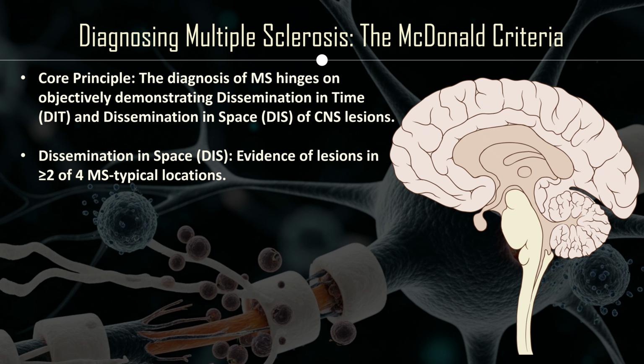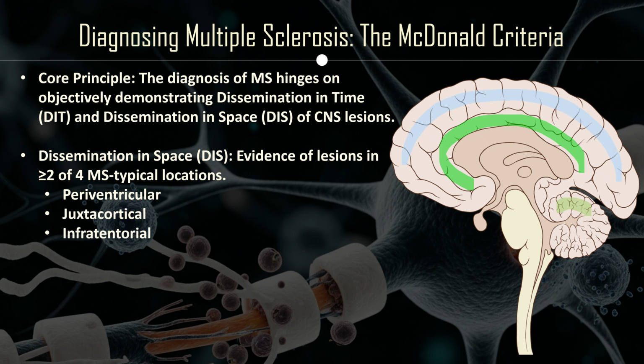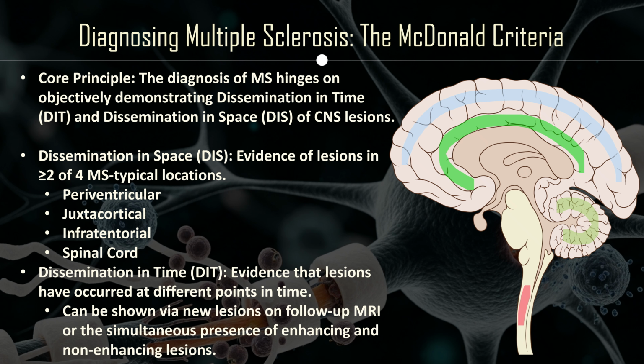This is typically shown by evidence of lesions in at least 2 of 4 MS-typical locations. These highly characteristic regions include the periventricular area, juxtacortical regions, infratentorial areas, and the spinal cord. Finding lesions in multiple of these locations strongly supports the spatial dissemination characteristic of MS.